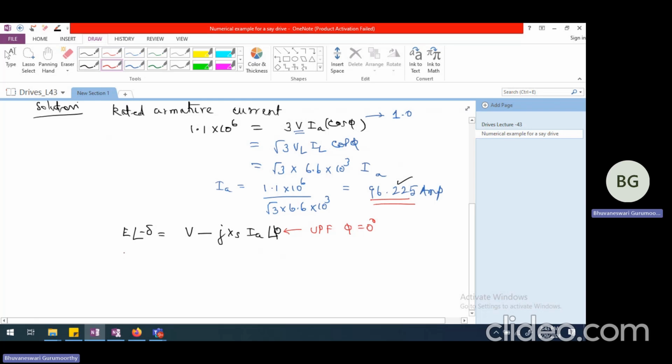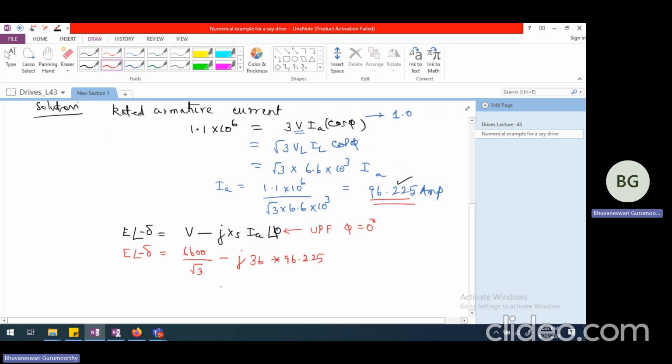Now E angle minus delta is equal to 6,600 divided by root 3, because it is per phase voltage, minus J times 36 ohms, multiplied by 96.225.